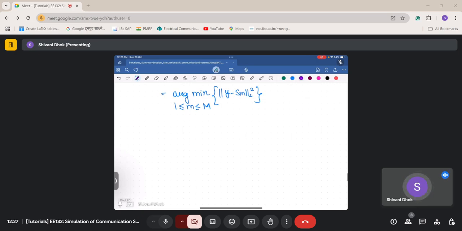So this thing here is your Euclidean norm, which is given by under root of (y1 minus Sm1) square and so on till (yn minus Smn) square.